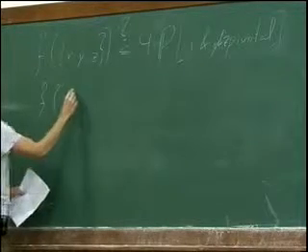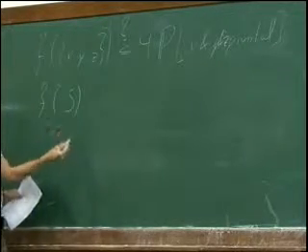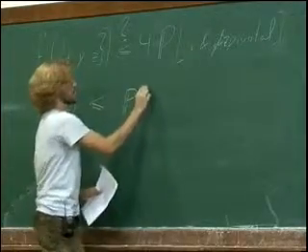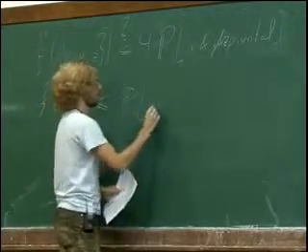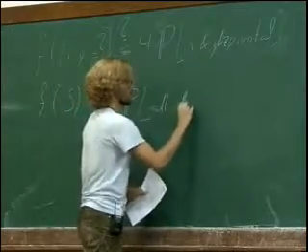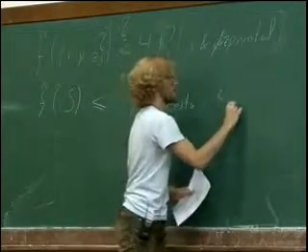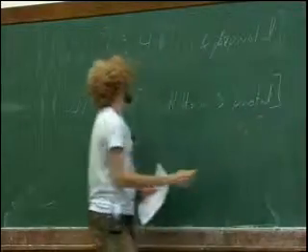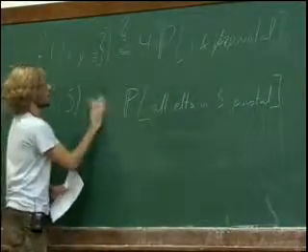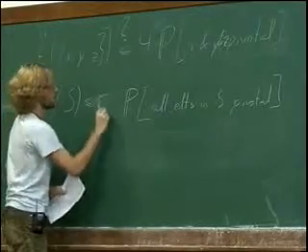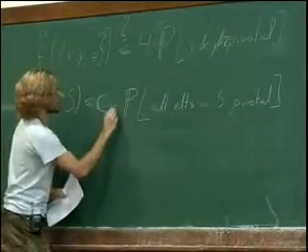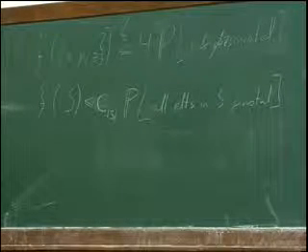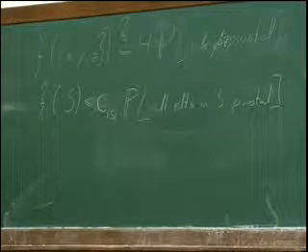Can it be that f hat of S is smaller than the probability that all the elements in S are pivotal, up to a constant that's maybe not 4, but maybe a constant that depends only on the size of the set S? Would you hold something like that to be plausible? Sean shakes his head.